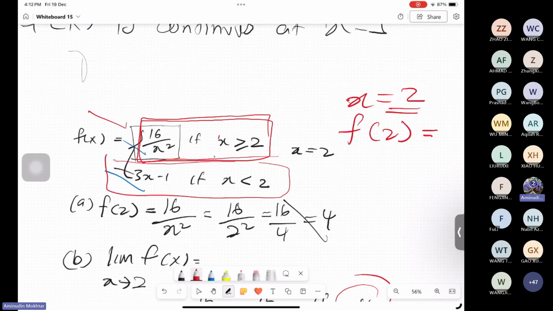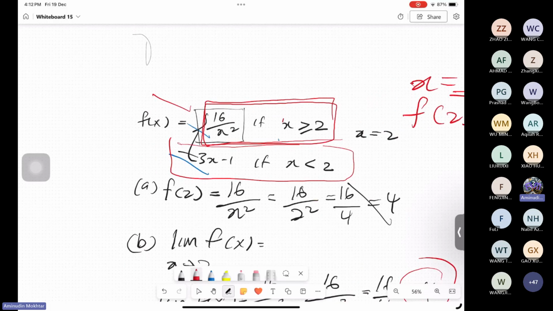For example, as comparison, let's say I choose x equals 0. Which part is the valid form of f(x) when x equals 0? It is this one, because this function says that for x less than 2, and 0 is less than 2, so we need to choose this one.